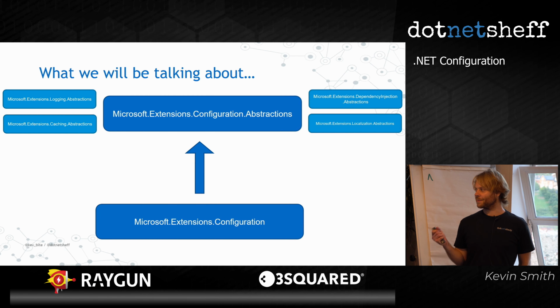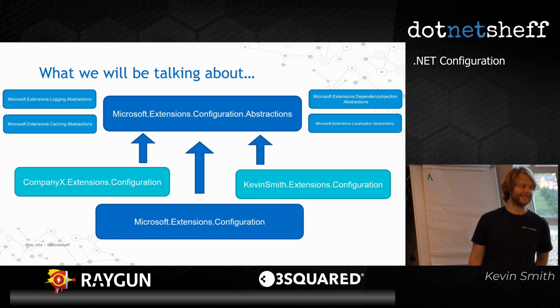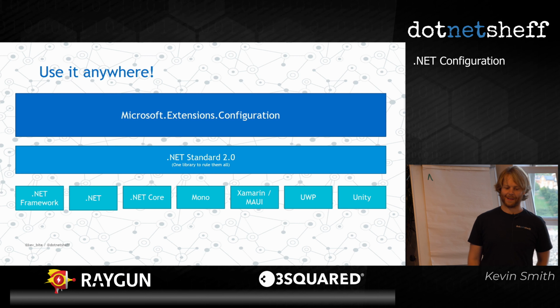But we're going to look at the implementation version of the Microsoft one. If you wanted to, you could build your own configuration provider, your own configuration module, which adheres to these abstractions. Your company could do it if they really wanted to waste some more time, or you could do it in your personal time as well. But yeah, we're going to talk about the Microsoft one.